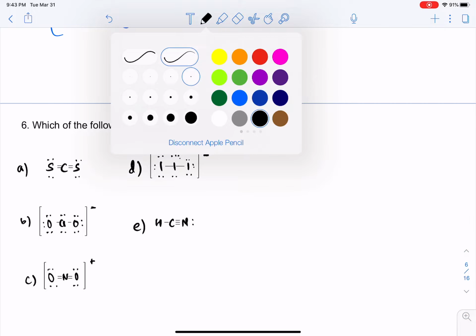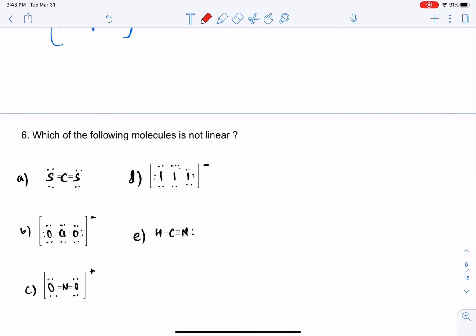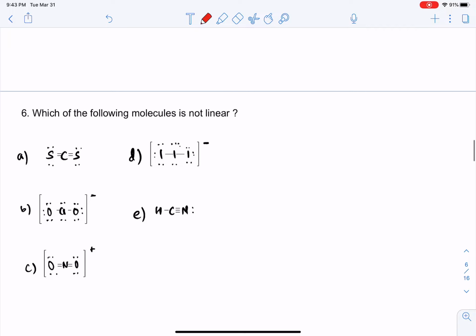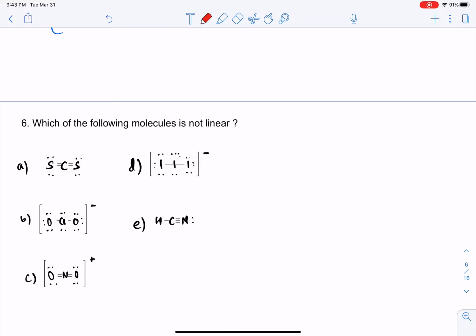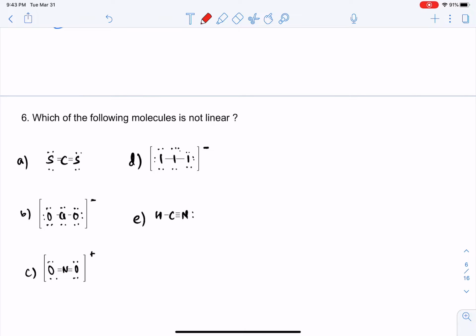Now let's see what kind of structure they have. What is asked? Which of the following molecules is not linear? A general law says that if something has a double bond or triple bond, the bond is restricted from rotating.